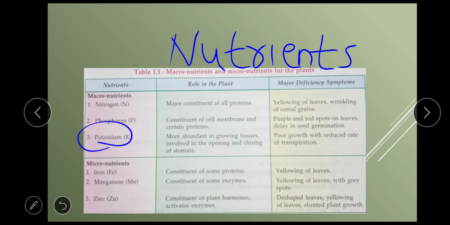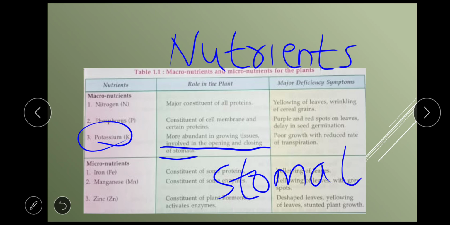Next, potassium. Potassium is for growing tissues. See, xylem tissues and phloem tissues are tissues. So with more potassium, these tissues will grow properly. It is also involved in opening and closing of stomata. This stomata is nothing but the stoma. I told you about the stoma.